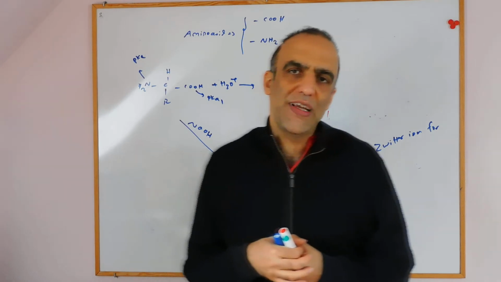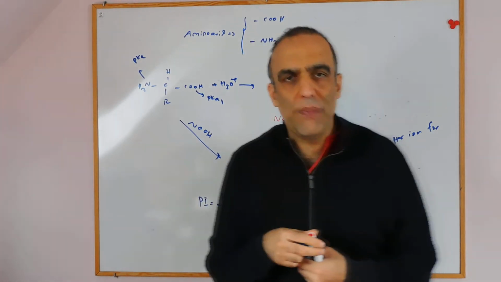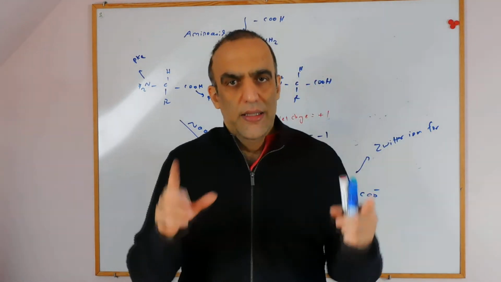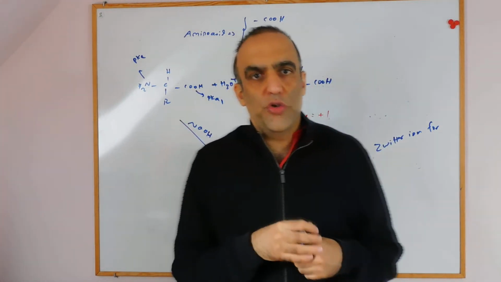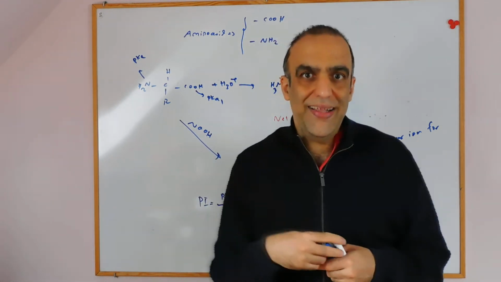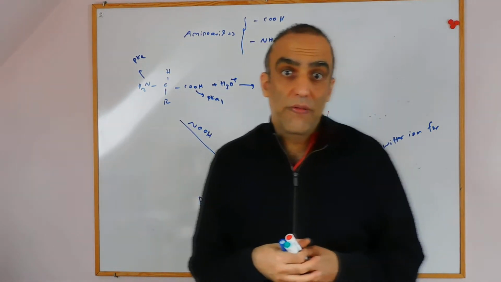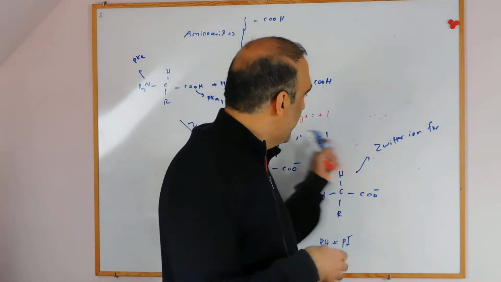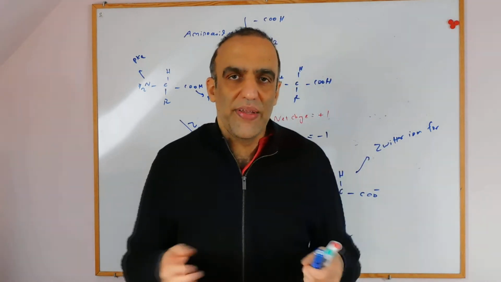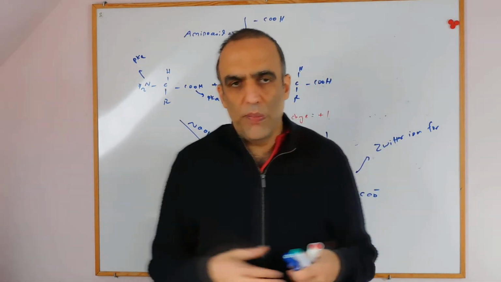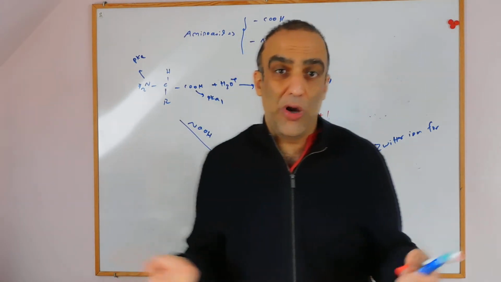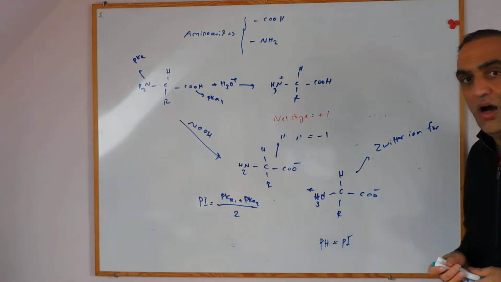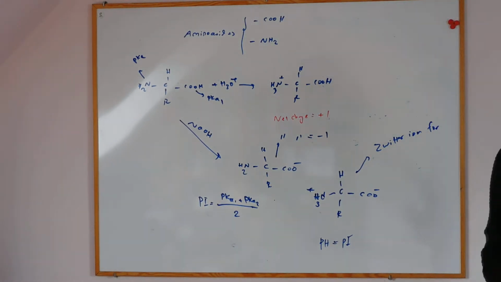For example, if we have a carboxylic acid group in R, like glutamic acid and aspartic acid, the isoelectric point will be more acidic, less than 6, around 2 or 3. Or for example, if we have an amine group in the R group, like lysine, histidine, the isoelectric point will be at higher pH, for example, around 8, 9. And it is very important. We know in this case how we can calculate the isoelectric point.